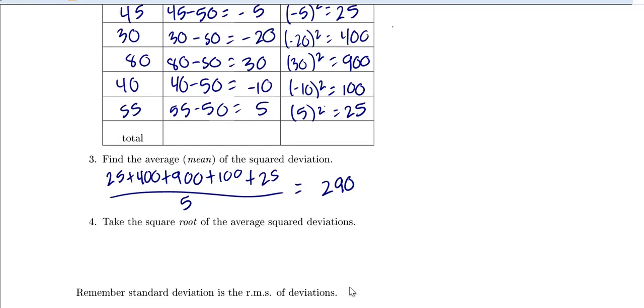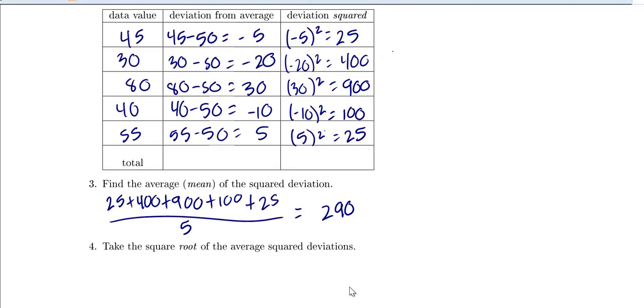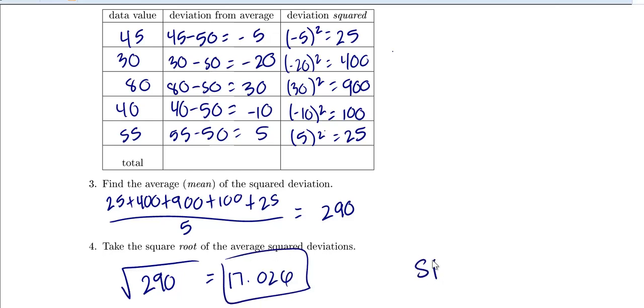Next, take the square root of the average squared deviations. So the square root of 290 gives me 17.026. So that's my final answer. My standard deviation is 17.026. And technically it's in dollars.